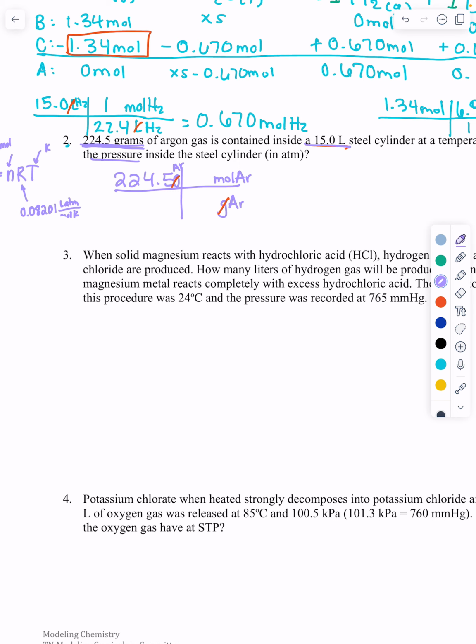And my molar mass for argon is 39.95 grams per 1 mole. So I divide 224.5 divided by 39.95, and I get 5.62 moles of argon.